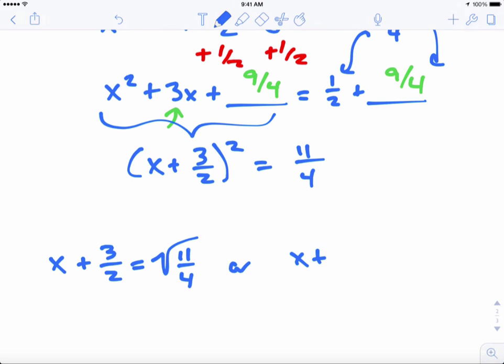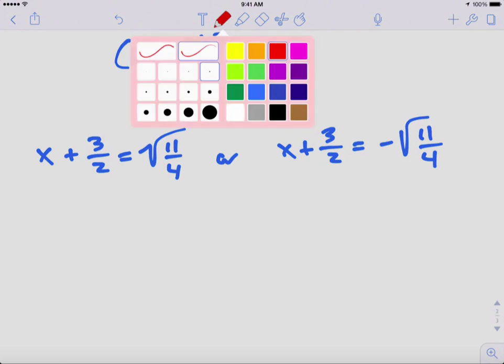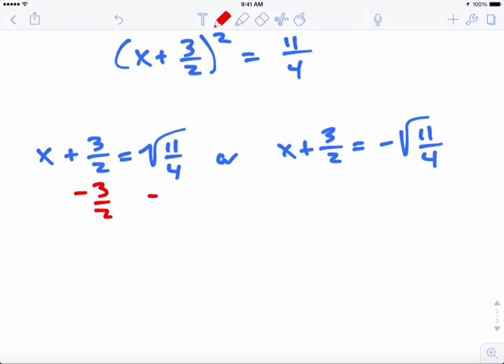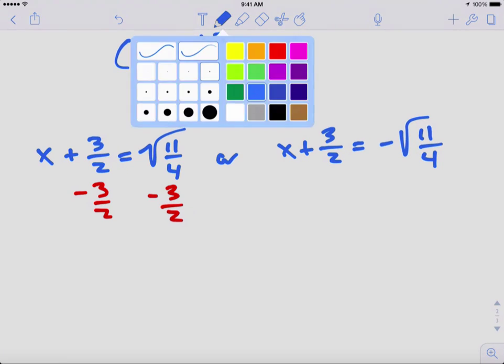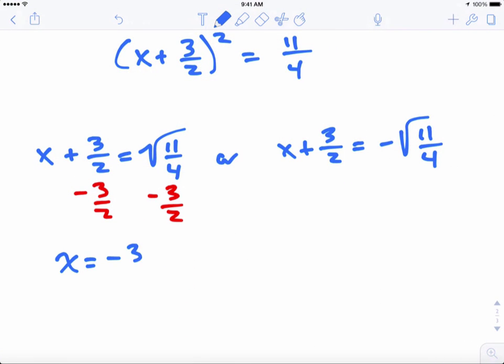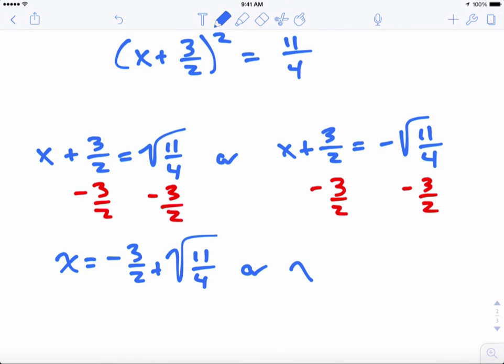Or x plus 3/2 equals the negative square root of 11/4. Subtracting 3/2 from both sides of the equation here yields us x equals negative 3/2 plus the square root of 11/4. Or subtracting 3/2 from both sides here, we have x equals negative 3/2 minus the square root of 11/4.